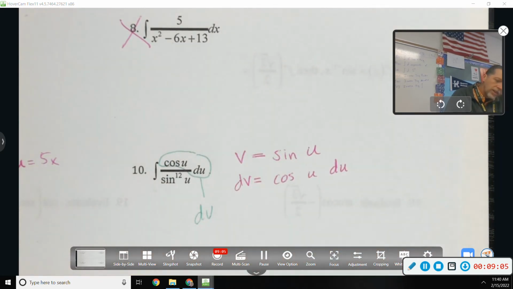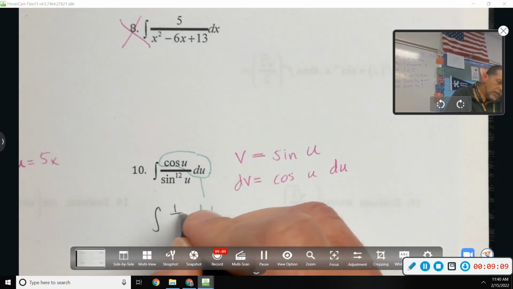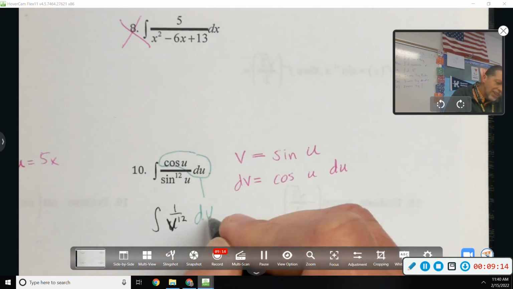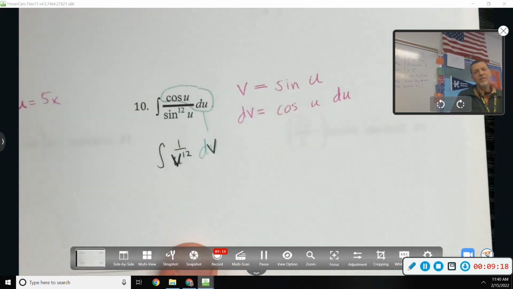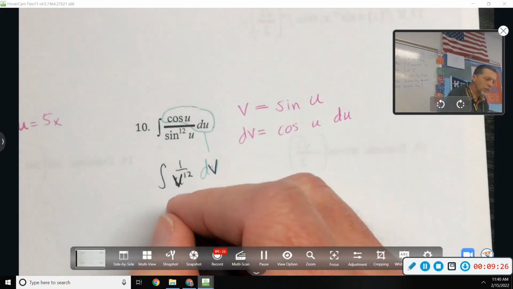So dv, integral of 1 over v to the 12th. U's and v's, maybe I should have done x's. I can't integrate v to the 12th in the bottom. I really need to rewrite that as what?